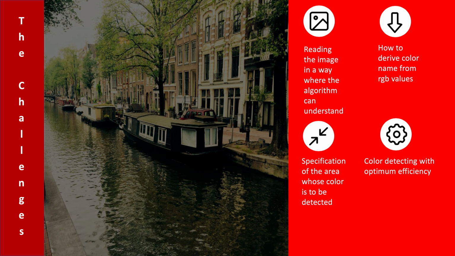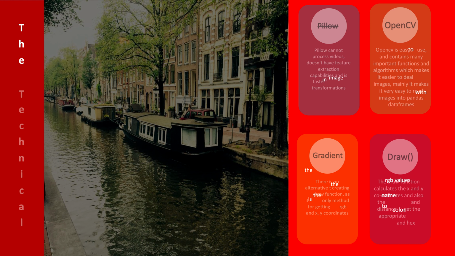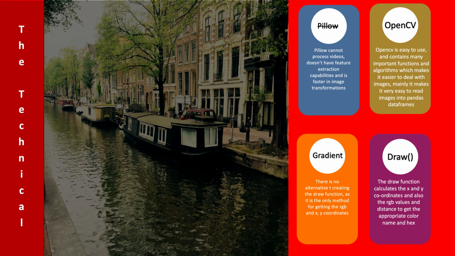the values which will be read, I mean, how will you read the image in a way where the machine can understand colors? So for that we will use a library called OpenCV, and that will mainly help with the color detection problem. So there are, of course, some technologies like OpenCV and the draw function, which are two technologies central to this project.